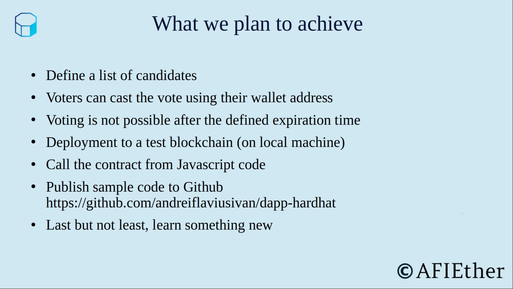And we will also add an expiration time so that voting is not possible after the defined timestamp. We will always deploy to a blockchain on the local machine to make sure everything goes all right, and we will create a test for it in JavaScript, and all the code will be published to GitHub.